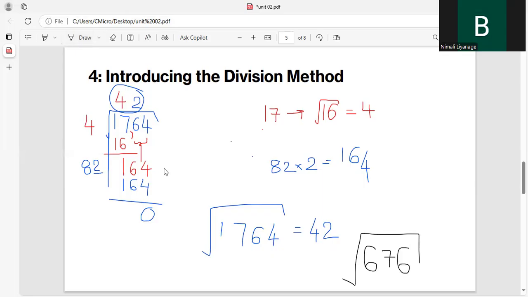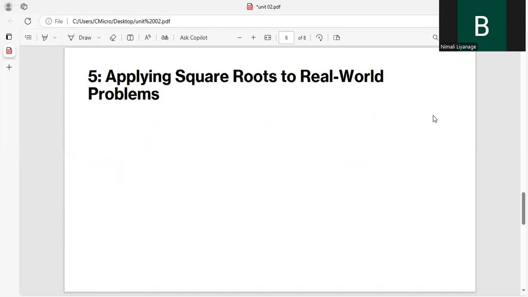Yes. Now we are going to move to our next topic: applying the square root to real world problems. Okay. So write this one. Please write.